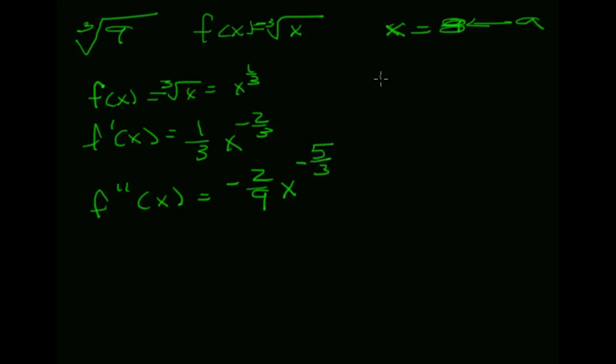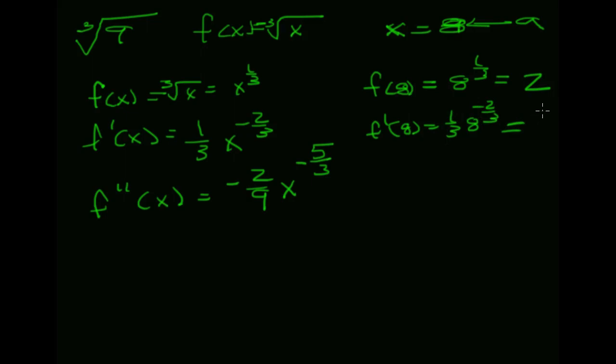Okay, so if I'm centering at 8, f of 8 is the third root of 8, which comes up as 2. All right, so f prime of 8 is 1/3 times 8 to the negative 2/3. The third root of 8 is 2, 2 squared is 4, the negative puts it in the denominator, so this comes up as 1/12.